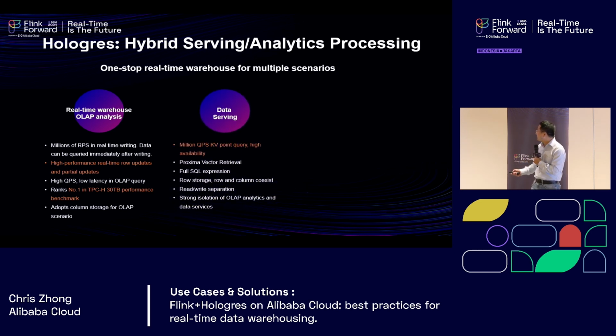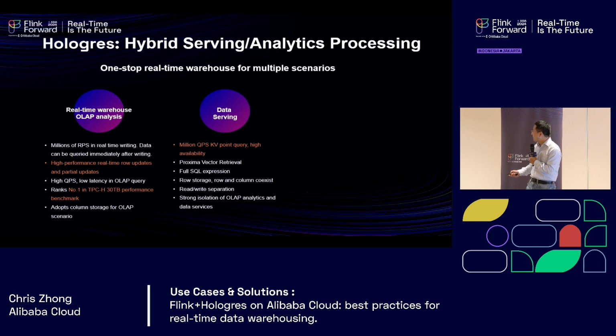Next is data serving. For data serving, we can provide millions of QPS KV queries. We also provide the Proxima engine, which can provide vector retrieval. It's usually very useful for unstructured data vectoring and query.